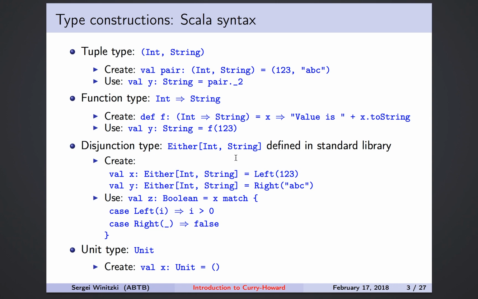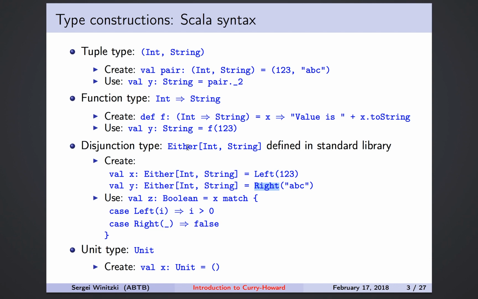In the standard library, the disjunction of integer and string is defined with Either, and it has names for the left part of the disjunction, which is Left, for the first part of the disjunction, and for the second part of the disjunction, the name for that is Right. So these are labels or names that are required in Scala.